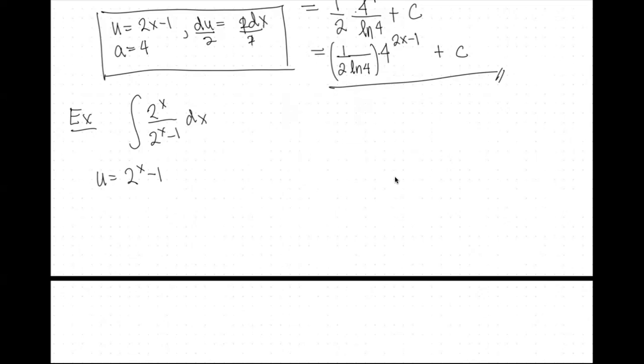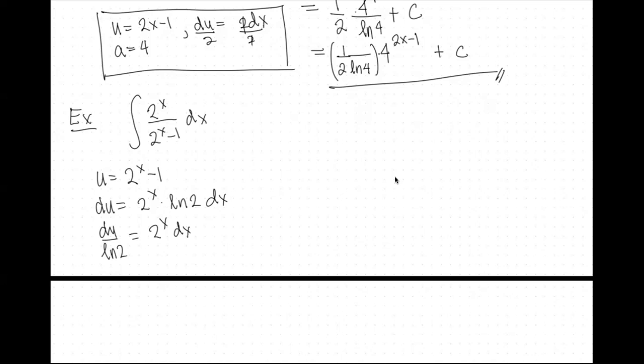Alright, let's take the derivative, or du. So du is 2 to the x times ln 2 and then dx. So we have here 2 to the x dx. So we have du over ln of 2 is just 2 to the x dx.